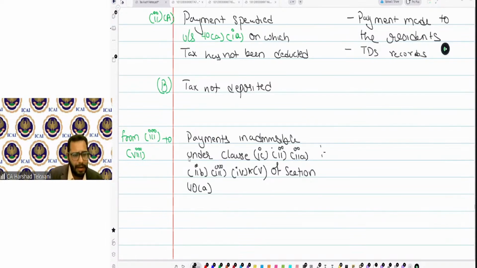And based on the payment type, the nature of evidence is required to be obtained.